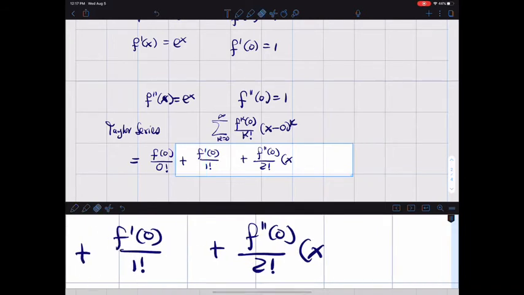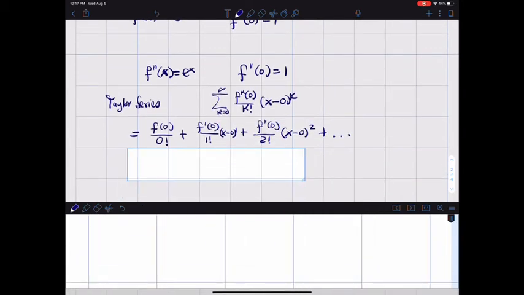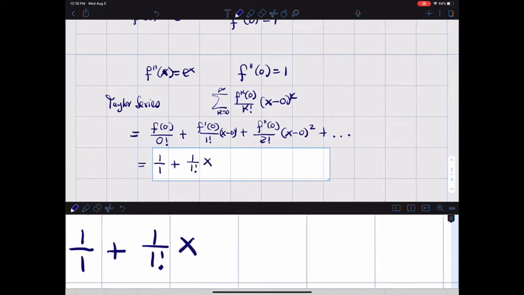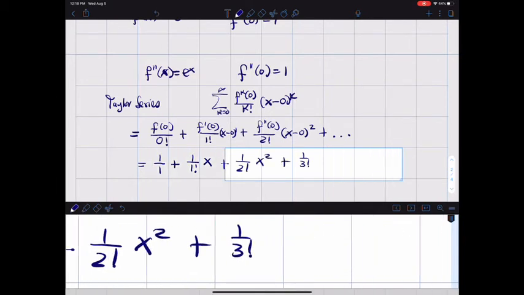Let's make it a little cleaner, x minus 0, even though it doesn't make any sense to put in that, but for clarity. So we're just going to have f of 0 is 1. 1 over 0 factorial is 1. f prime of 0 is 1 over 1 factorial times x, plus 1 over 2 factorial times x squared plus 1 over 3 factorial times x cubed, etc. So this is a nice one.